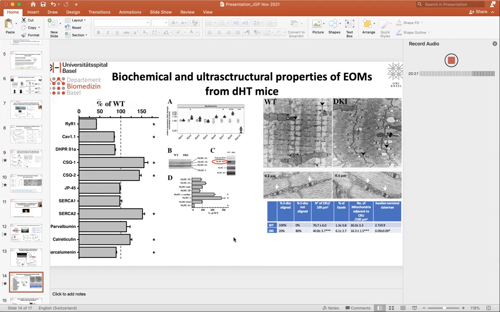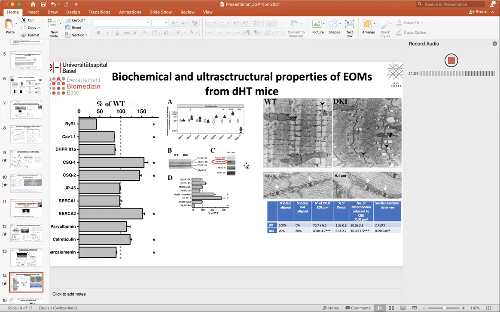Now, another thing that Jan noticed: we had asked him to perform a myosin heavy chain gel just to see whether there was a difference in the expression levels of myosin heavy chain. And just seeing this gel told us that the bands seem to be different. On more detailed investigation by Western blot, Jan noticed that in the presence of the two mutations, there was a band missing completely, and this is myosin heavy chain 13, the extraocular muscle specific isoform of myosin heavy chain.